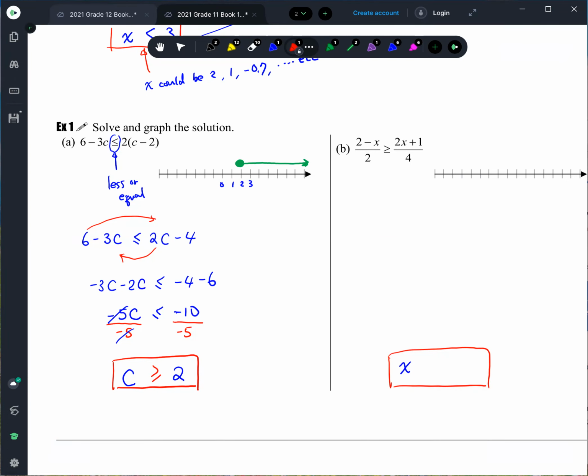Okay, is there anyone who has trouble getting rid of the fraction to start?